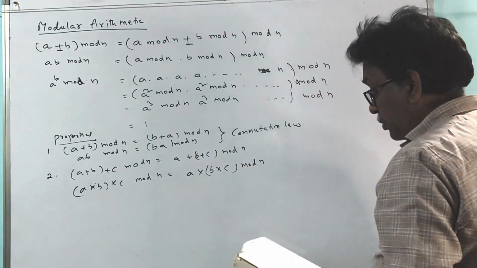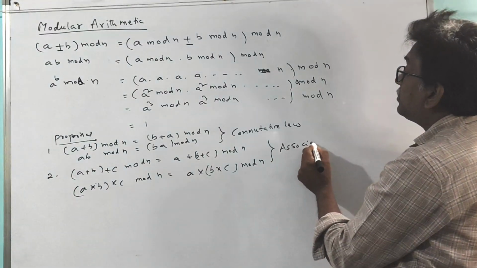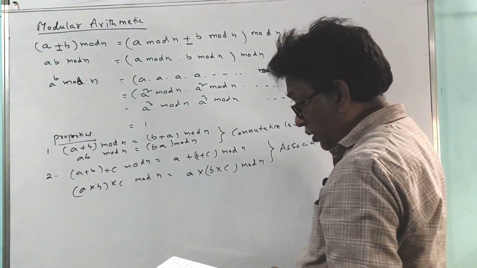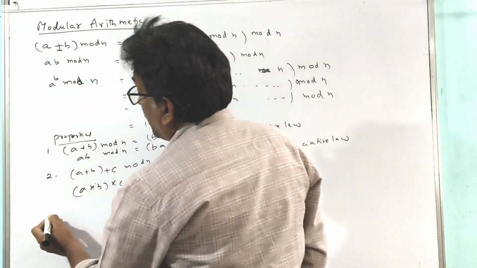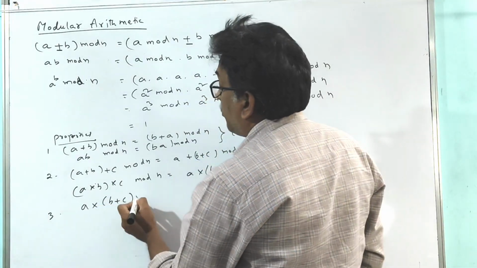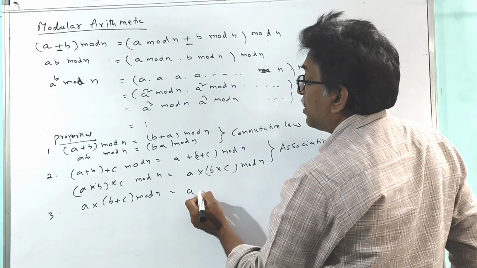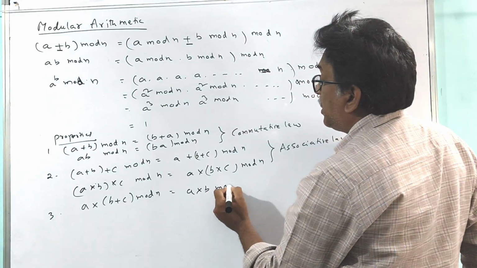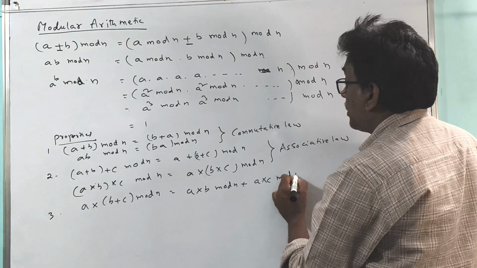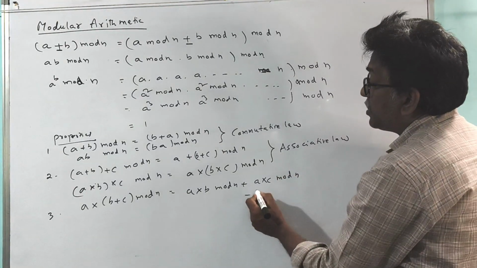So this law is the associative law. Similarly, another law is a into (b plus c) mod n, which can be written as a into b mod n plus a into c mod n. This is the distributive law.